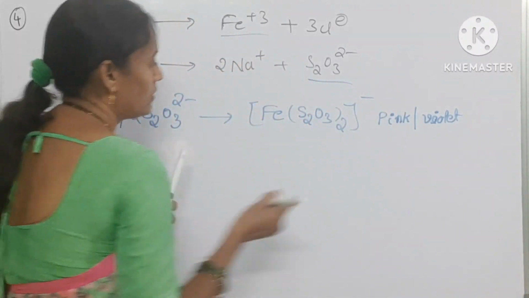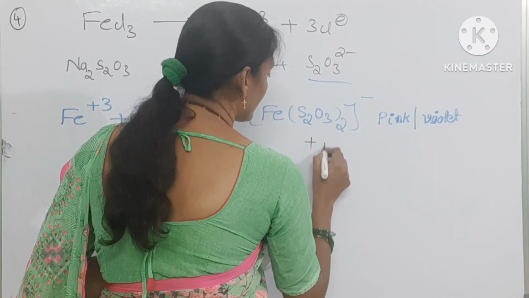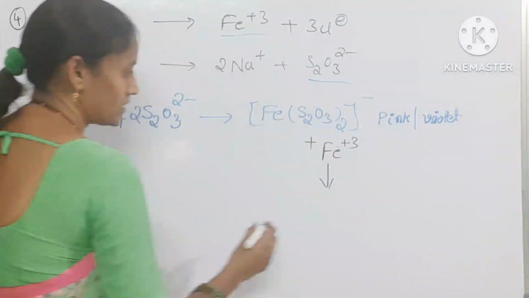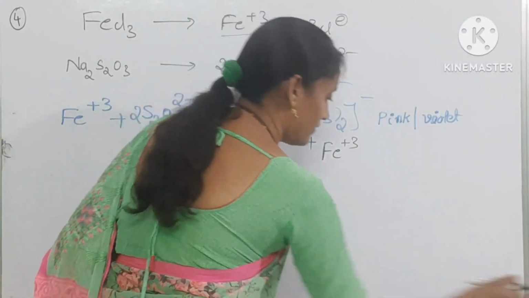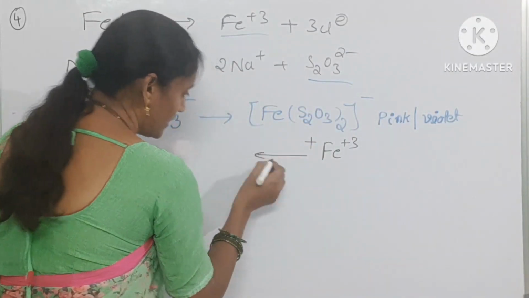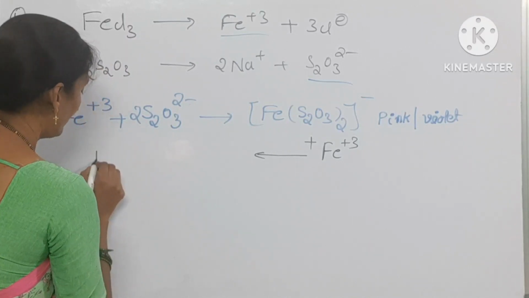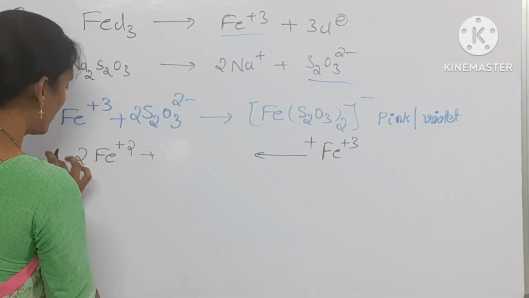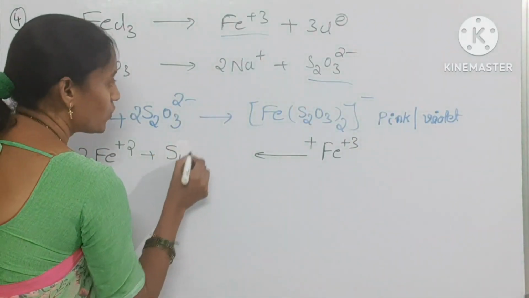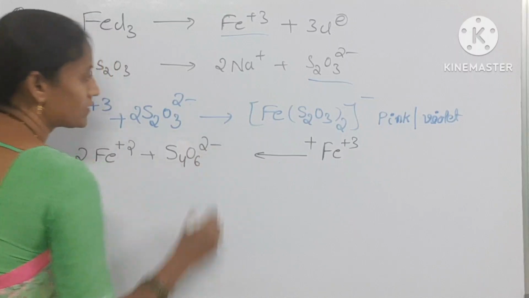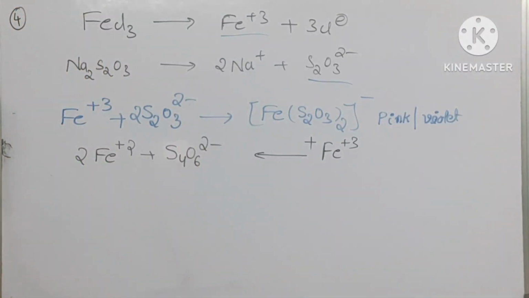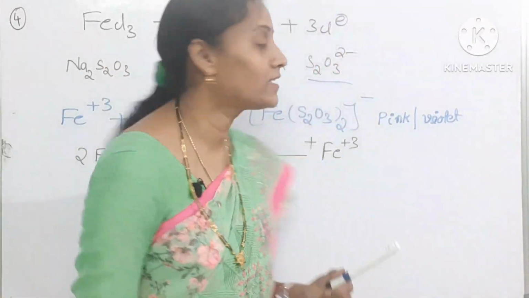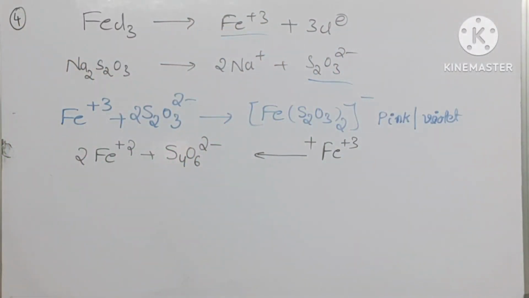Then you will get 2 moles of Fe plus 2 ions, and the remaining one is S4O6 2 minus. Ferric converts into ferrous, which means here hypo is acting as a reducing agent.